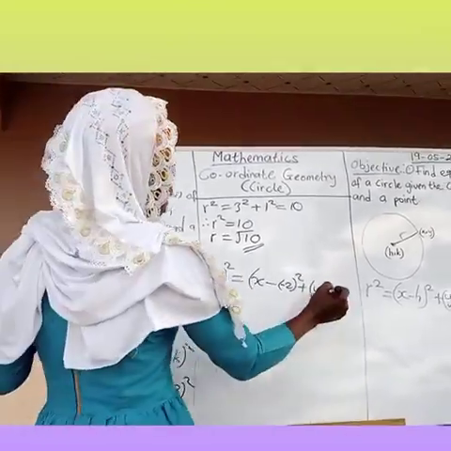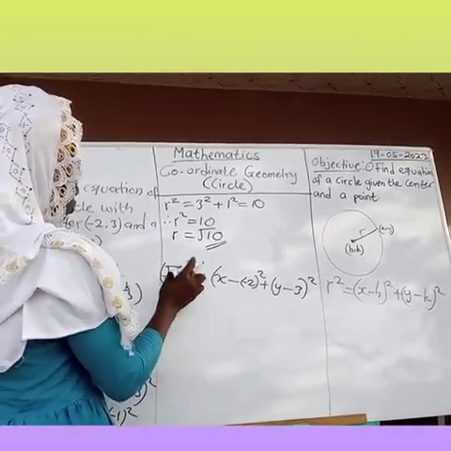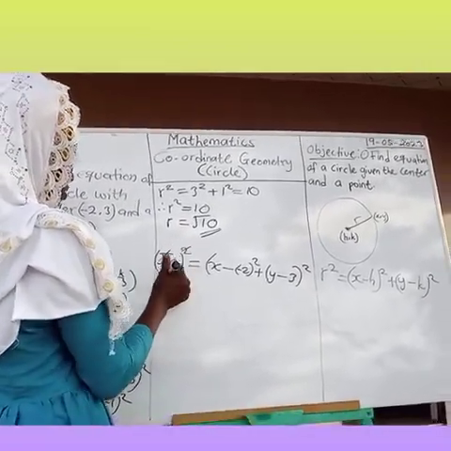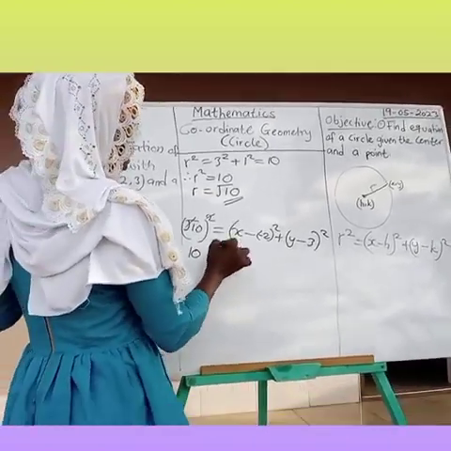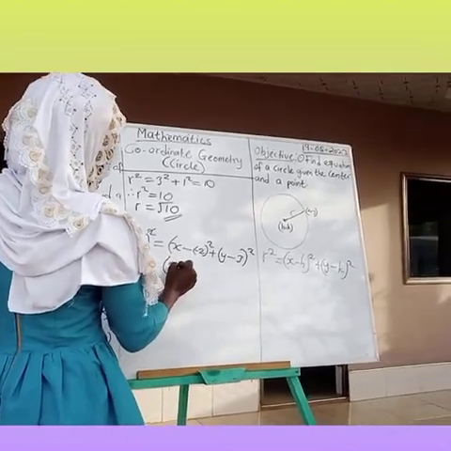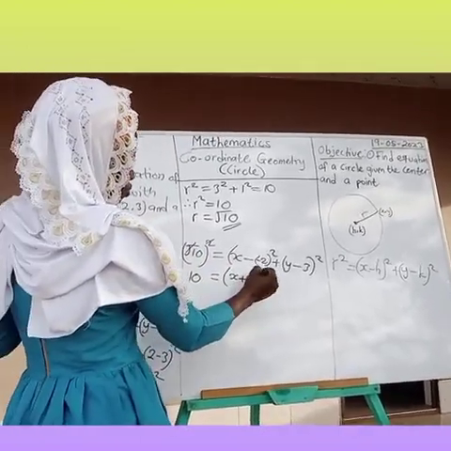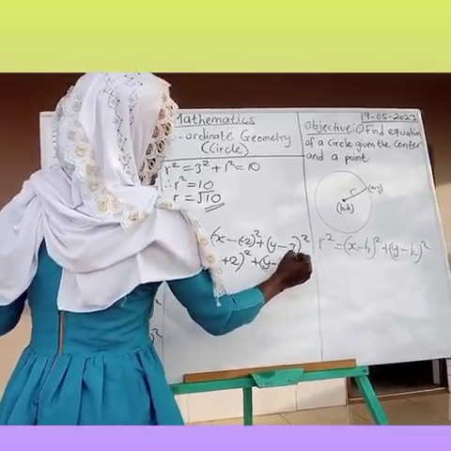Root 10 squared gives us 10, because the root sign cancels the square. So 10 is equal to (x plus 2) squared plus (y minus 3) squared, since negative times negative gives positive 2.